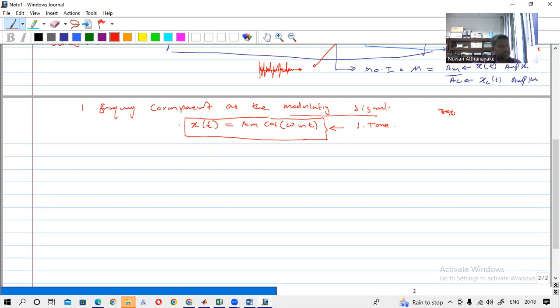So this is our information signal, and we use one tone. If we use this signal for analytical purposes, we call this single tone amplitude modulation, because we are going to modulate only one tone, that means the sinusoidal wave.